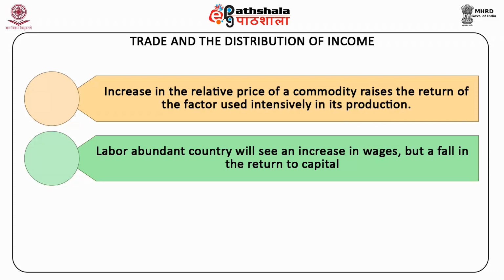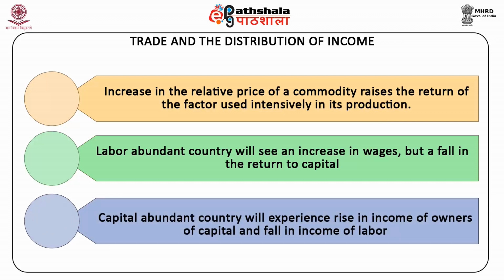Specifically, real income of labor, W, rises in Nation 1 and real income of owners of capital, R, falls in Nation 2, while the capital abundant country will experience the opposite pattern of change, that is, a rise in income of owners of capital and a fall in income of labor.